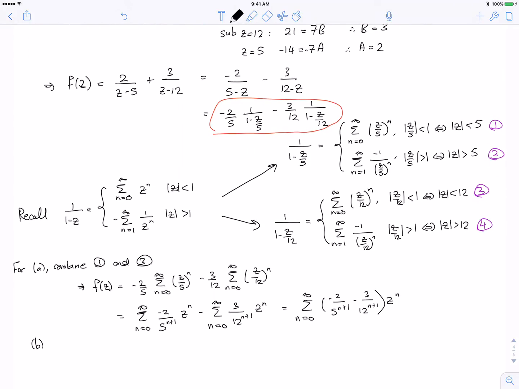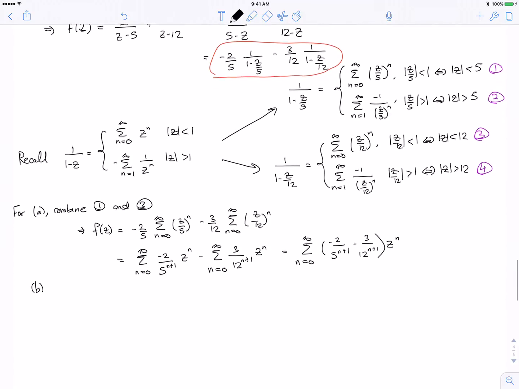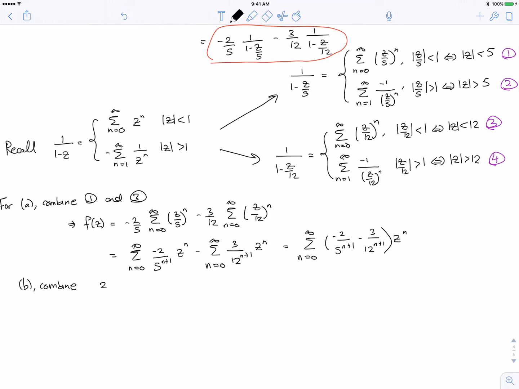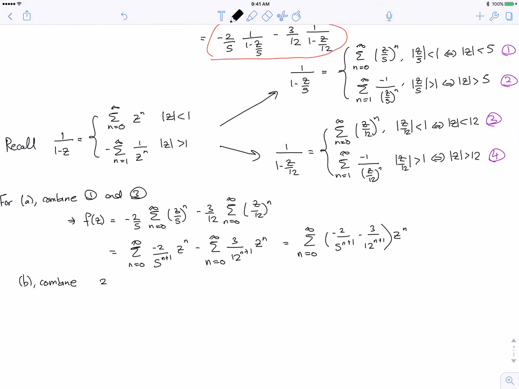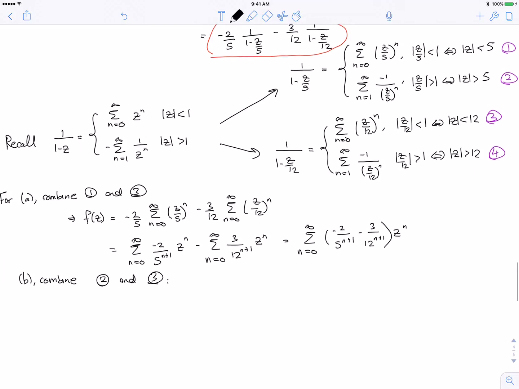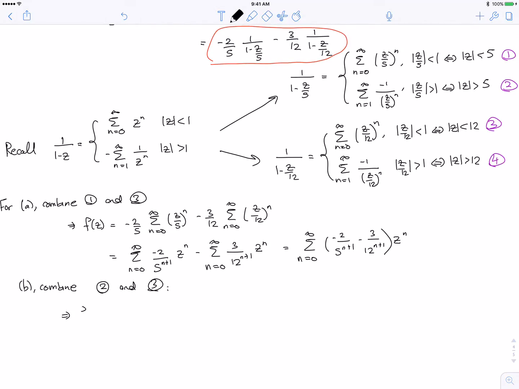So for B, we're just going to combine 2 and 3. So what do we get? We get f of z, again, it's going to be minus 2/5 times the series in 2.